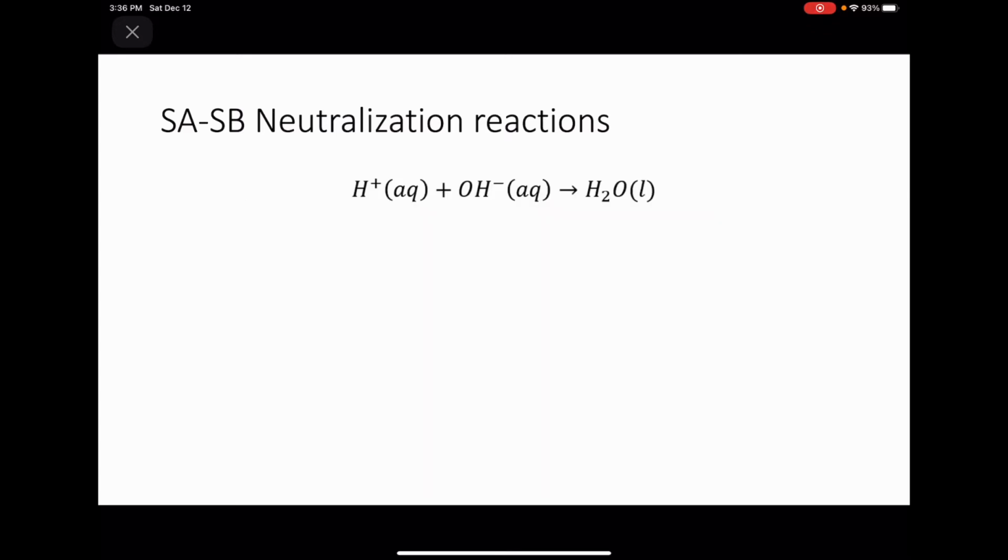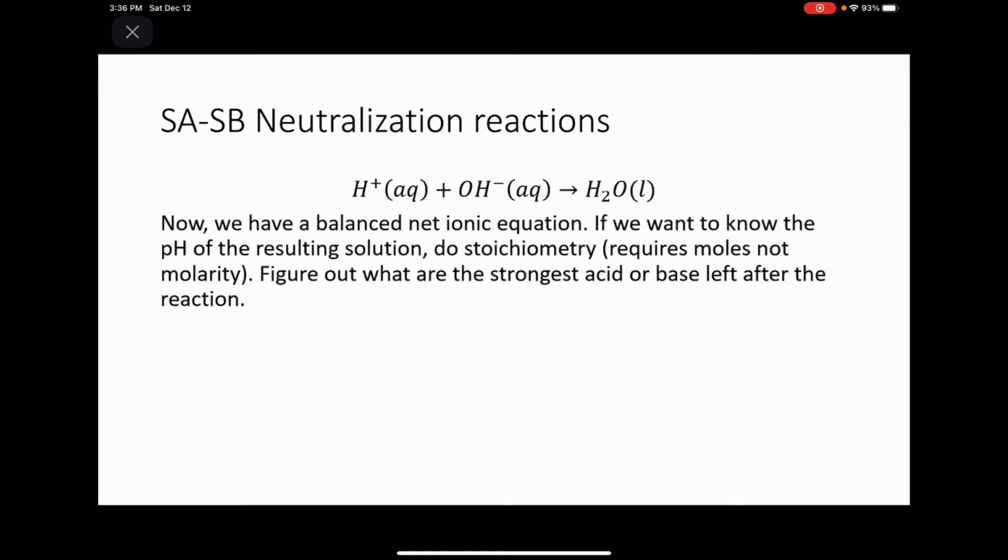Starting from that reaction, this is just like the stoichiometry you did last semester. You would figure out the number of moles of H+ and the number of moles of OH-. Is there something in excess? Is there a limiting reactant?